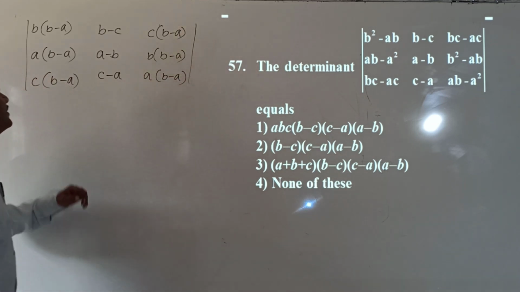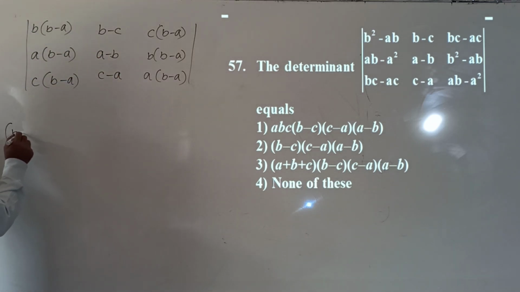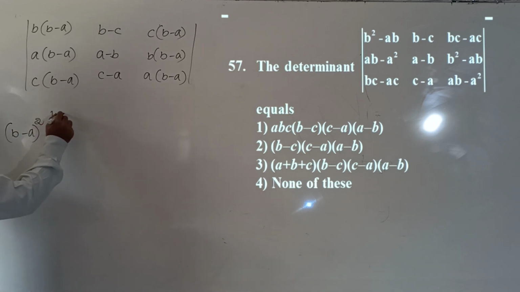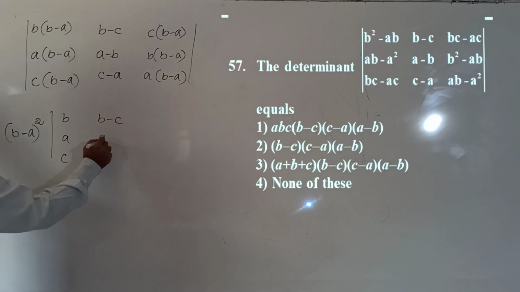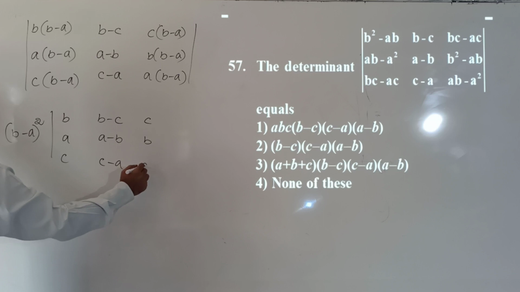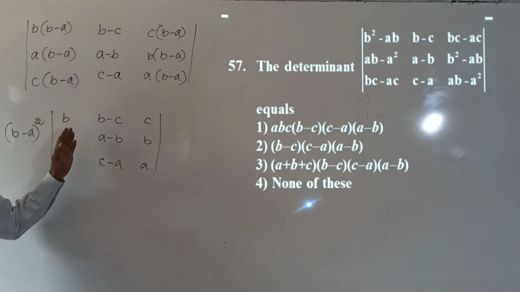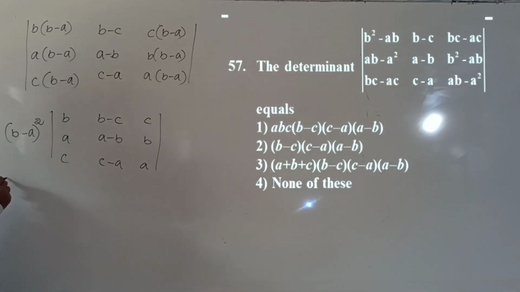Okay. Now from the first column, I can take b minus a out. Similarly, from the third column also, we can take b minus a out. So you get b minus a whole square. Here you will have b, a, c. This is b minus c, a minus b, c minus a. Here c, b, a. What next? I'll change c1 as c1 minus c3.